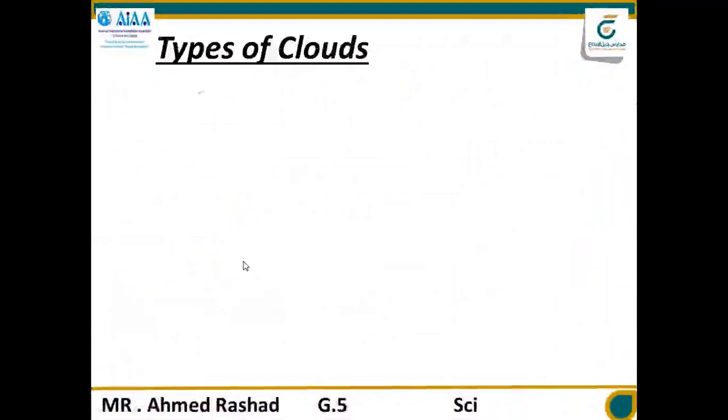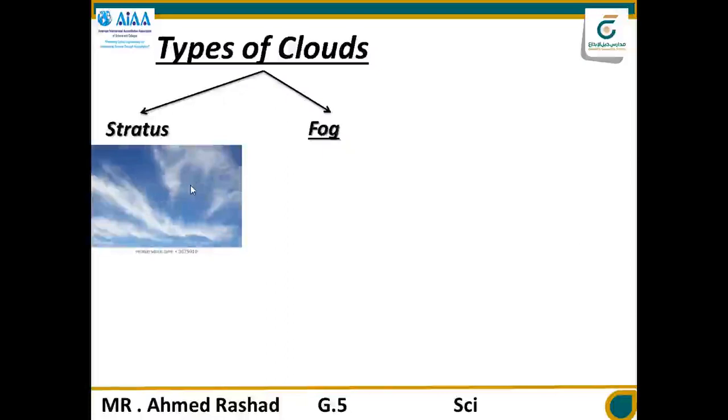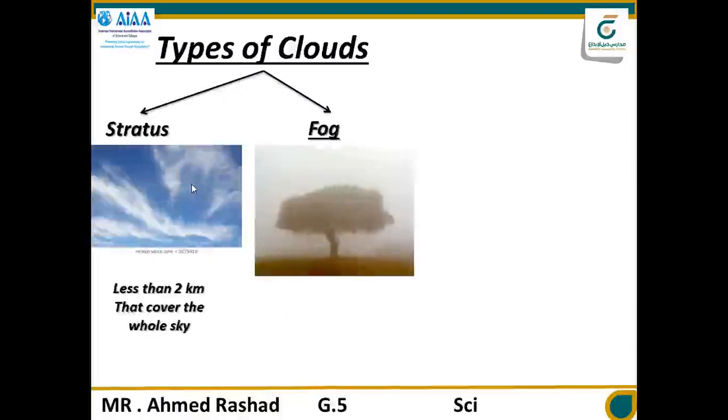And we have another two, so we have five: cirrus, cumulonimbus, altocumulus, stratus, and fog. Stratus is different from cirrus; it is at a low level, just less than 2 kilometers, and covers all the sky. So the kind that covers all the sky is called stratus.